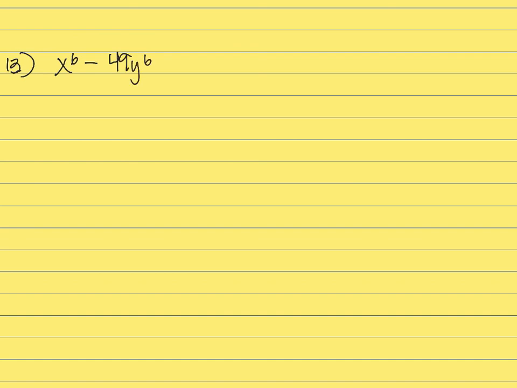A lot of times people don't realize that that's perfect squares, but basically any time that exponent is an even number, they are perfect squares. So this would go to x cubed minus 7y cubed. Let me fix that. This would be x cubed plus 7y cubed times x cubed minus 7y cubed. So notice it's a plus and minus of the same thing.